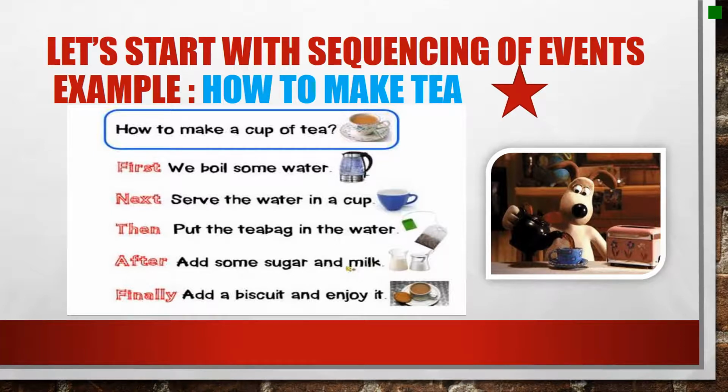Then put the tea bag into the water. After, add some sugar and milk. Finally, add a biscuit or a cookie and enjoy. So here we have what happened first, what happened secondly, next, after, and then finally. Do you have it? You see how that works? Great.